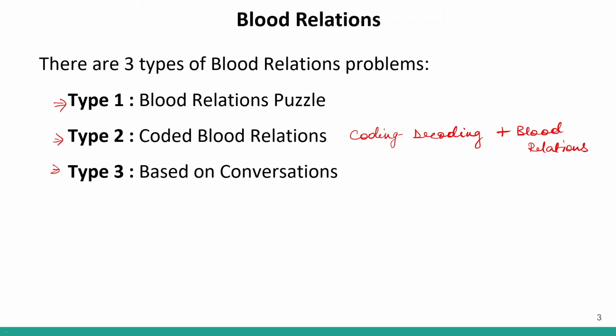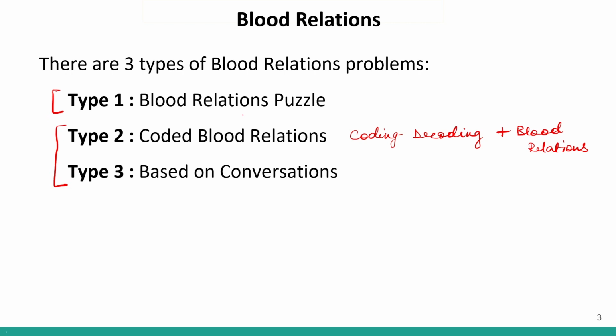Then we discussed based on conversation. So entire conversations were given to us and we had to identify the relationship of the person based on that conversation. In today's lecture, we will discuss type 1, that is blood relation puzzle. In the next lecture, we will discuss these 2 types, that is coded blood relations and based on conversation.